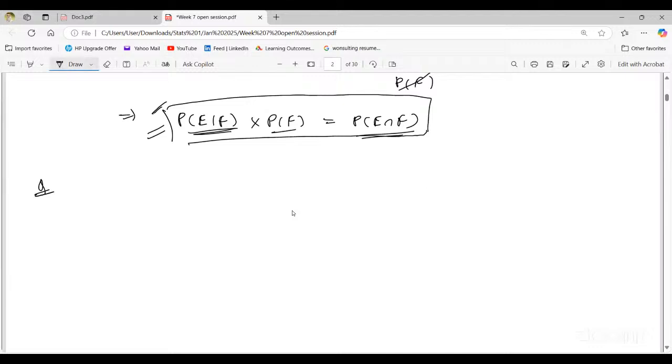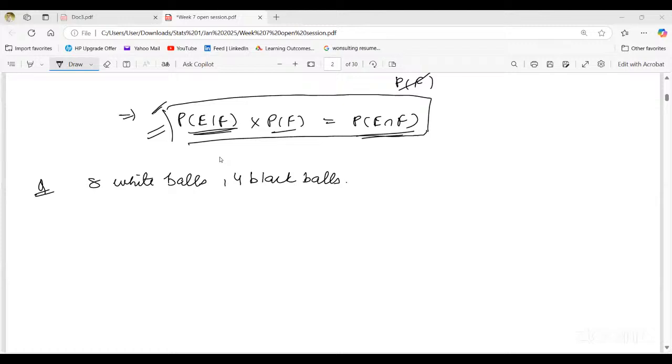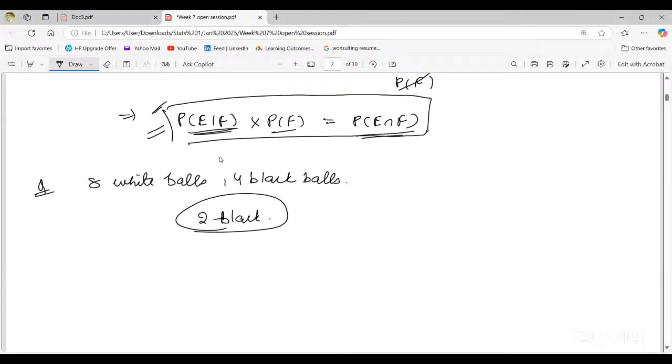The question is, we have a box in which I have 8 white balls and 4 black balls. Now, 2 balls are drawn at random, one after the other, without replacement. We have to find the probability that both the balls drawn are black. Like the 2 of them should be black. This is my case, and I'm drawing without replacement.